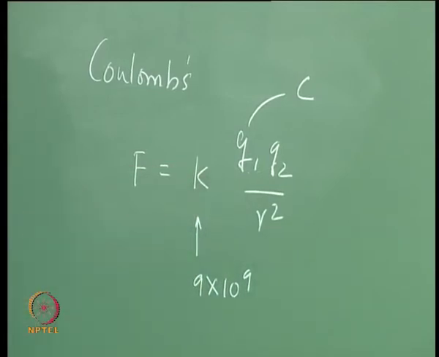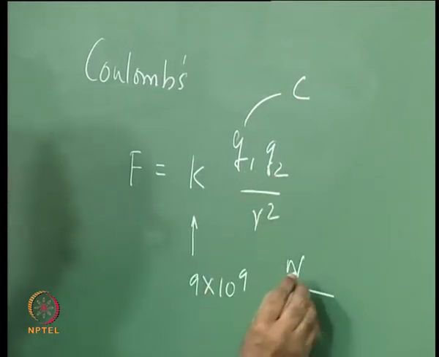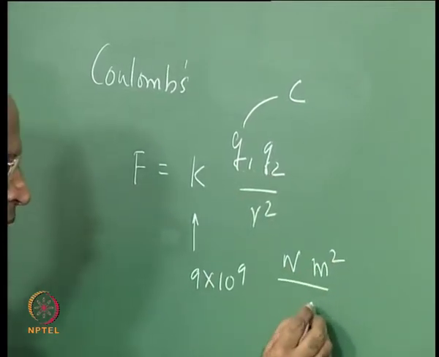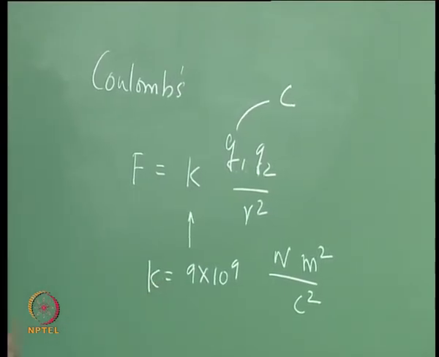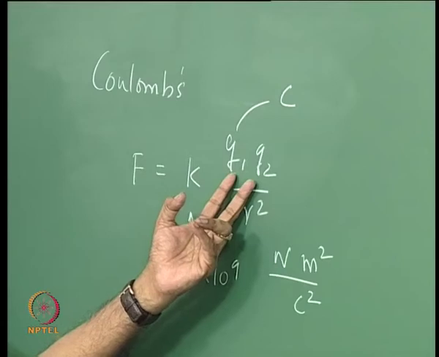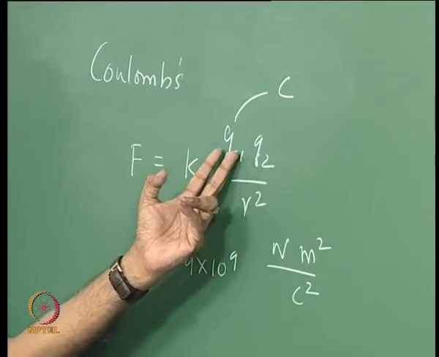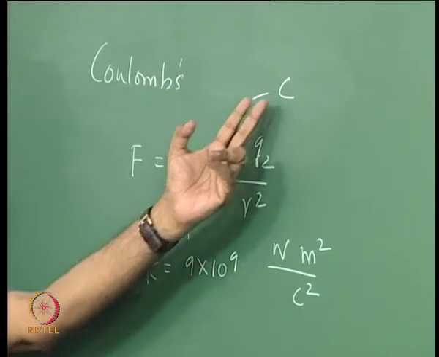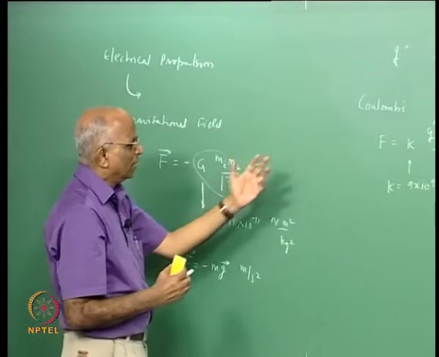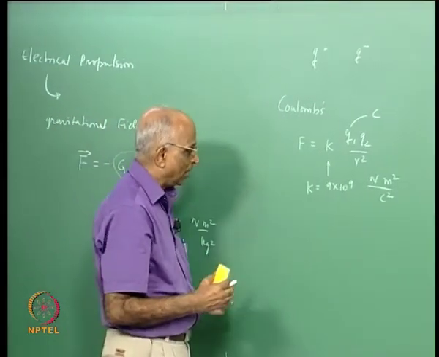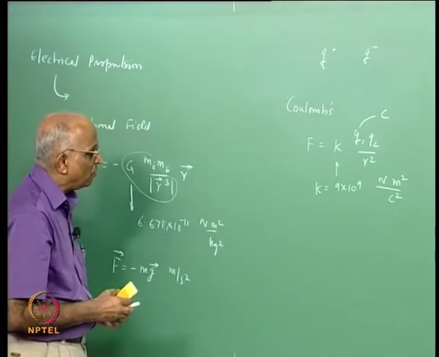Force is in Newton, R is in meter squared, divided by Coulomb squared, and this is the value of k. This tells us the attraction or repulsion between two charges q1 Coulomb and q2 Coulomb. This is what we studied as Coulomb's law earlier, but I am more interested in a field, I am more interested in a force.